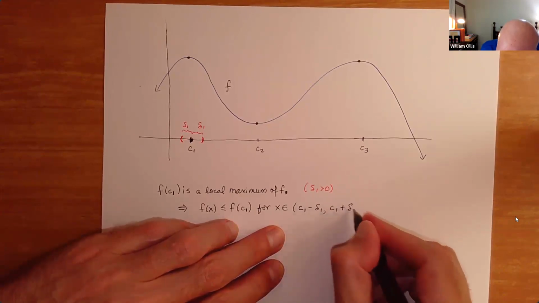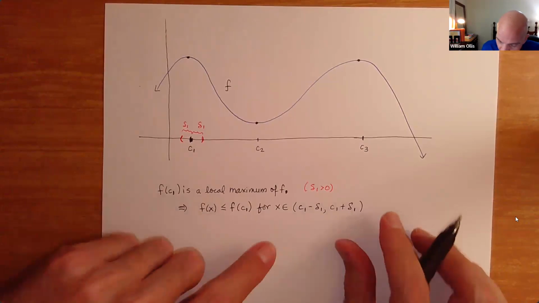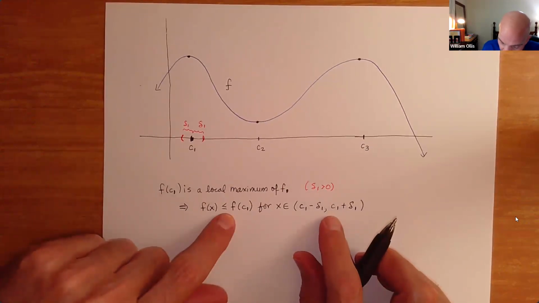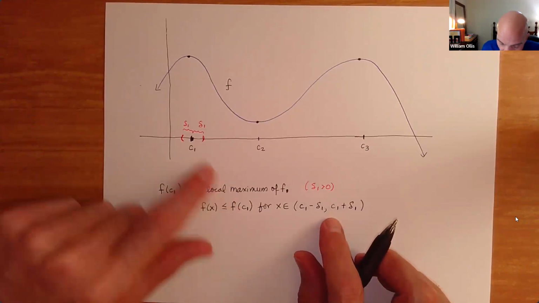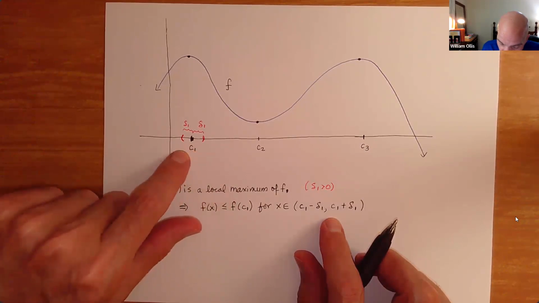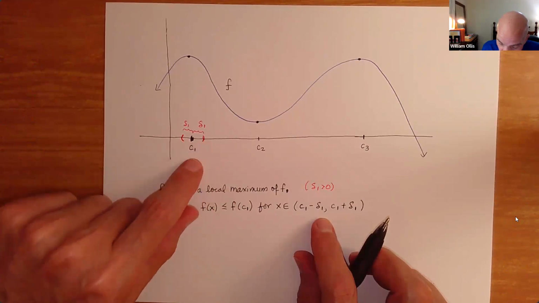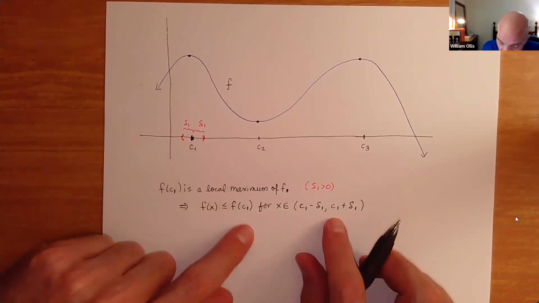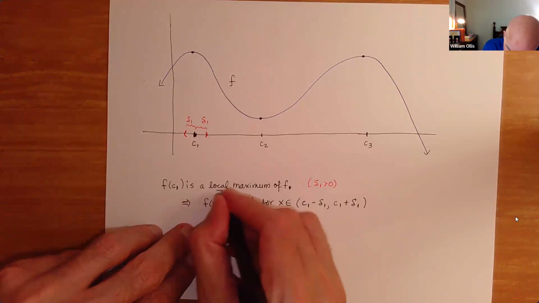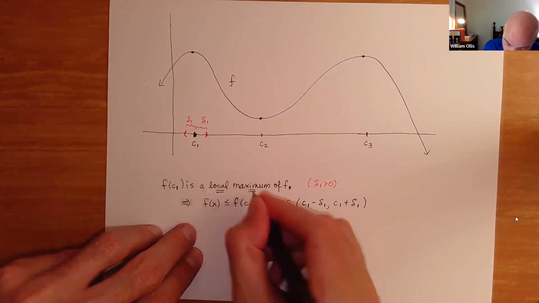Of course, the way I've drawn it, it would only be equal when x is equal to C1. So we subtract delta 1 from C1 to get this endpoint, and we add delta 1 to C1 to get this endpoint. And so we say local maximum because this is a local occurrence.